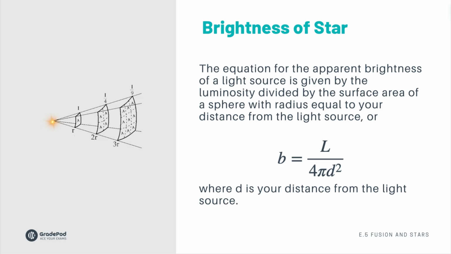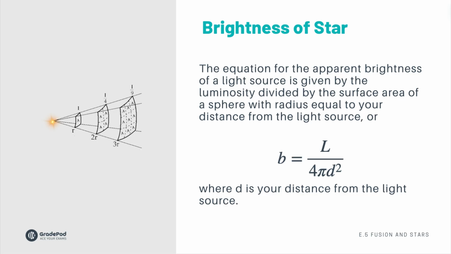The brightness that you'll experience from any star is equal to the luminosity divided by that factor of the 1 over r squared, or the inverse square law. So your formula for the brightness of a star is B equals luminosity divided by 4 pi d squared, which is the surface area of the sphere that surrounds the star at that distance.